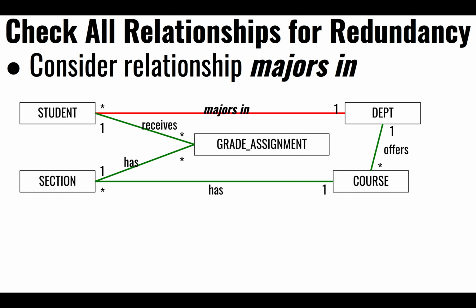I can retrieve the list of students in a major by traversing from department to students or from students to department, and I can certainly do that. Or I could traverse the other way, students to grades, to sections, to course, to department. And you might ask, can I remove any one of them? It turns out that no, I can't. If I remove one, I cannot get the same information from the other. So I need to keep both of them.